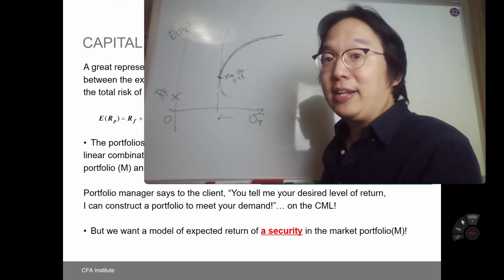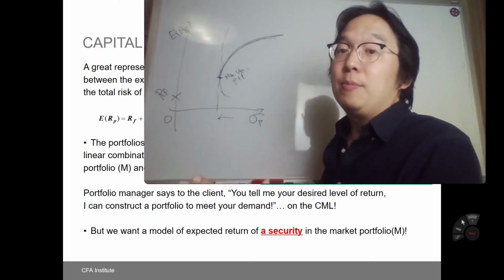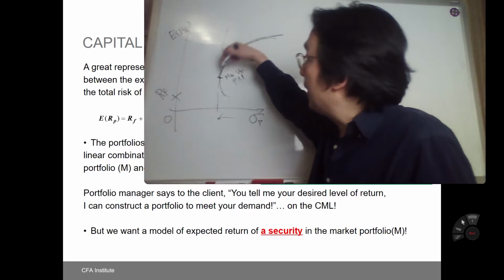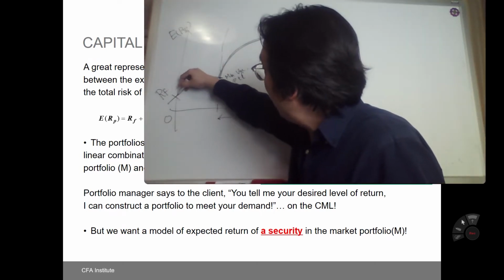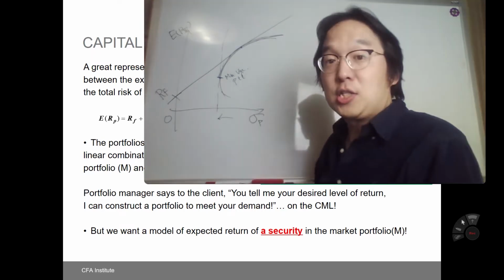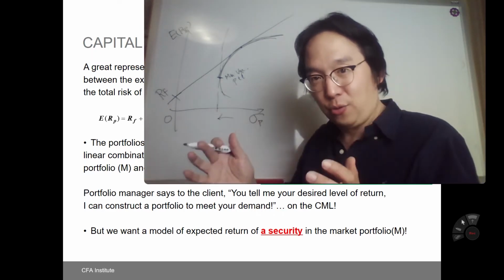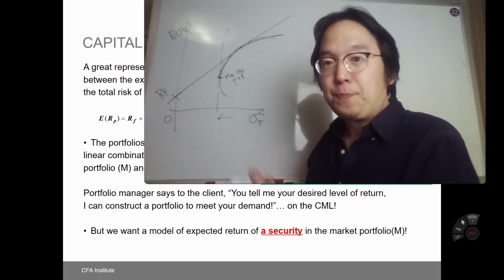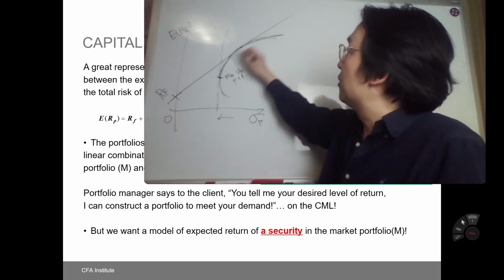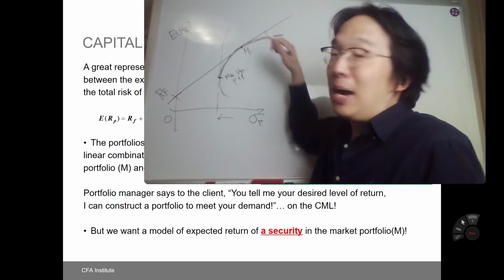Draw a straight line, because you will be able to form portfolios upon this straight line that goes through this risk-free asset and that touches, or is tangent to, the efficient frontier. Tangent, 접점 in Korean terminology. We call that point the market portfolio.